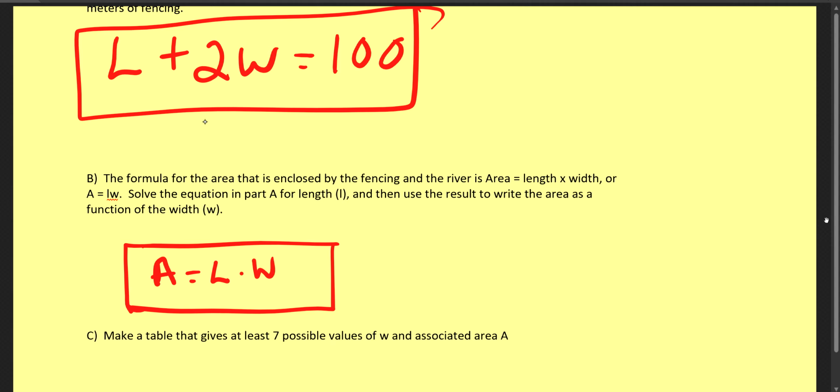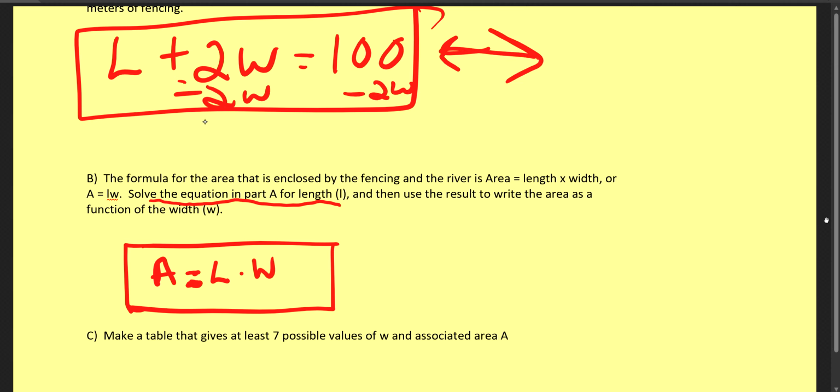So here's our area formula: area equals length times width, and they told us to solve the equation in part A for length. Here's part A. If I solve this for length, I'm going to subtract 2W, and that gives me L equals 100 minus 2W.